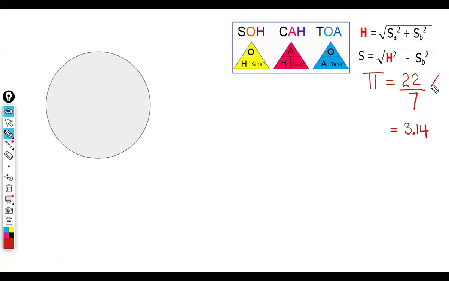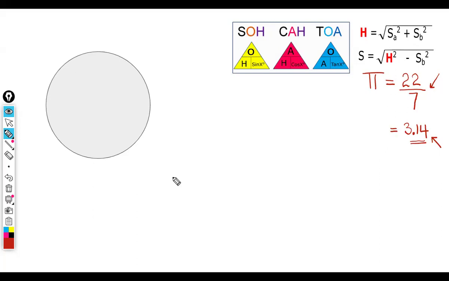Is 22 over 7 the same exact thing as 3.14? 22 over 7 is not the same thing as 3.14. 3.14 is the rounded up version of 22 over 7. Okay, it's not the same thing.